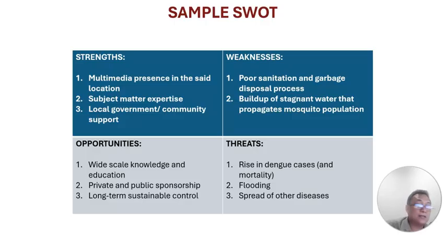The opportunities include wide-scale knowledge and education, private and public sponsorship, and long-term sustainable control. Some of the threats that I was able to identify are obviously the rise in dengue cases and mortality, possible flooding because of poor garbage disposal, and of course, the spread of other diseases.